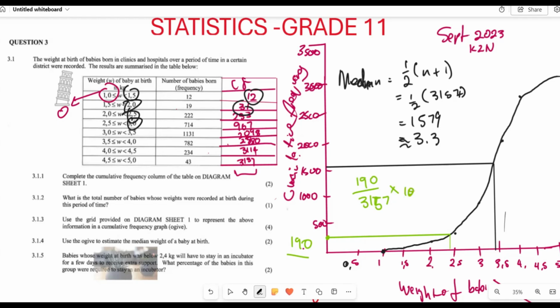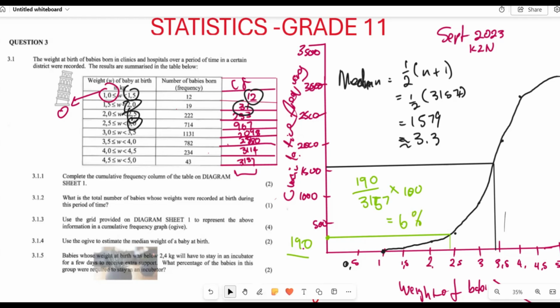That's almost 6%. So this is going to be 6% altogether.